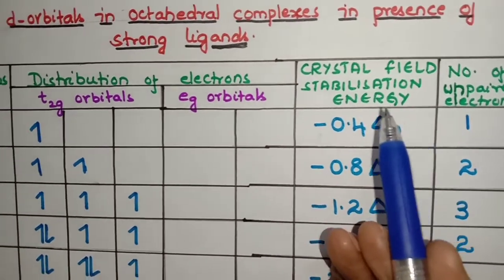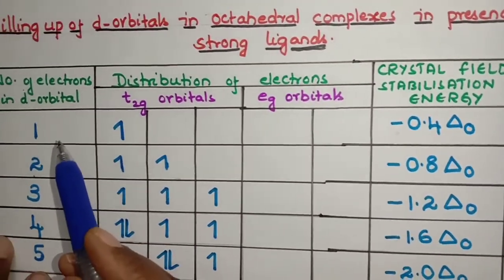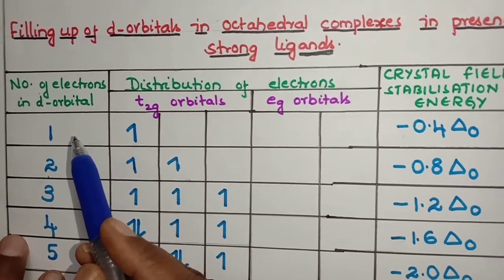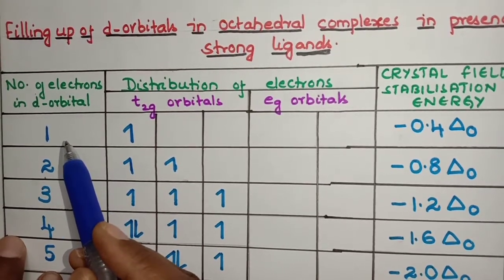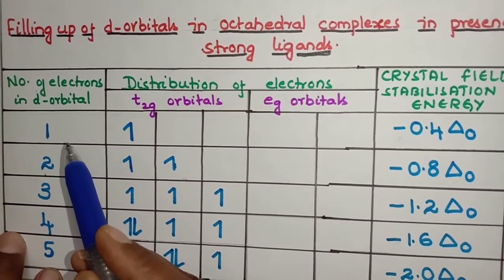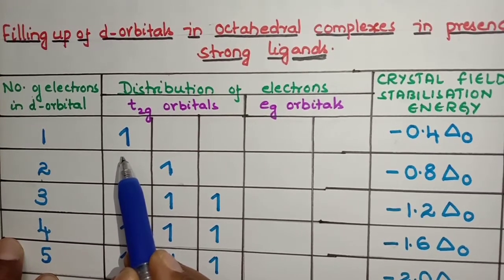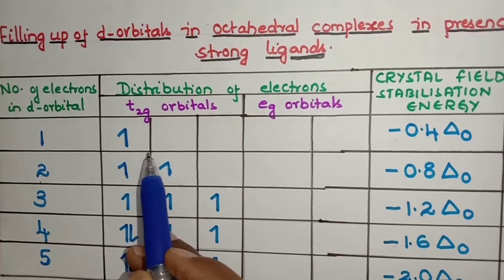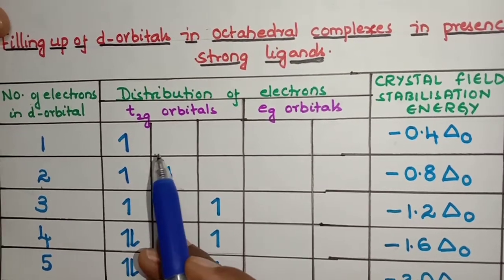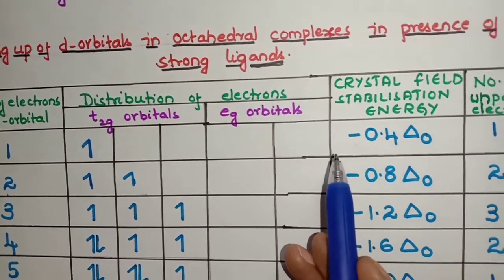Now, when the number of electrons in d orbital is 1, only one electron, where does it go? It enters into the first T2G orbital. So when the electron is 1, how much will be the crystal field stabilization energy?